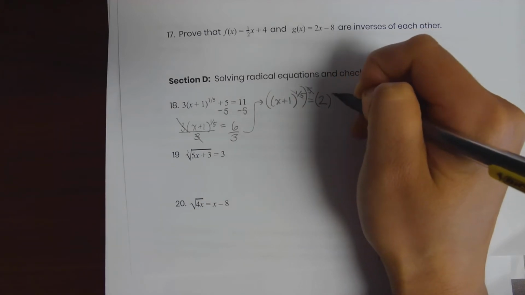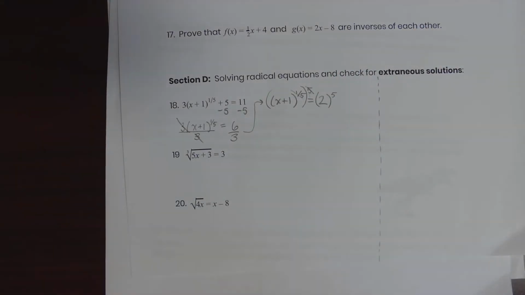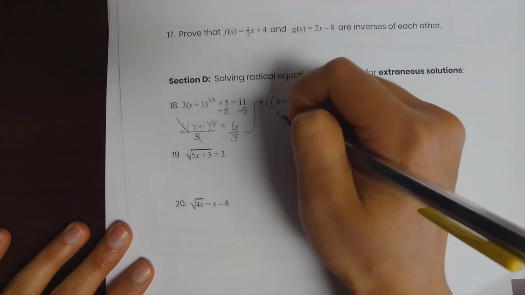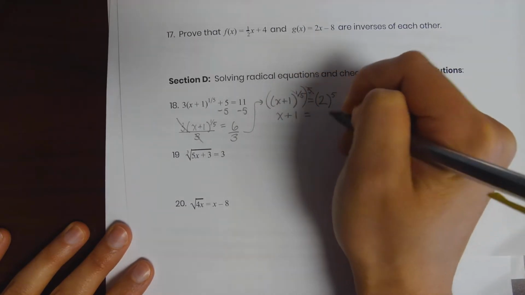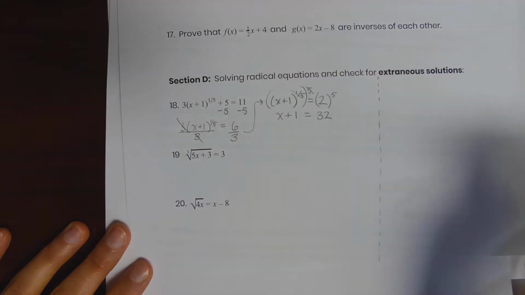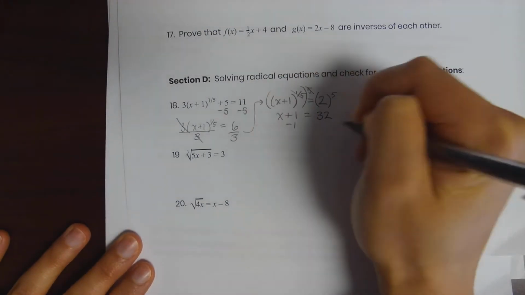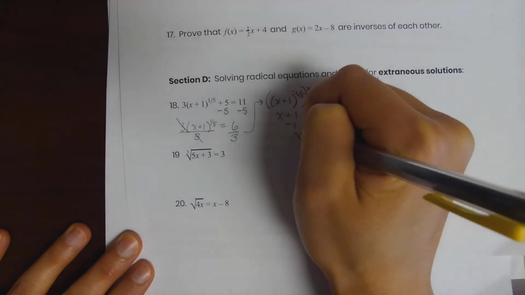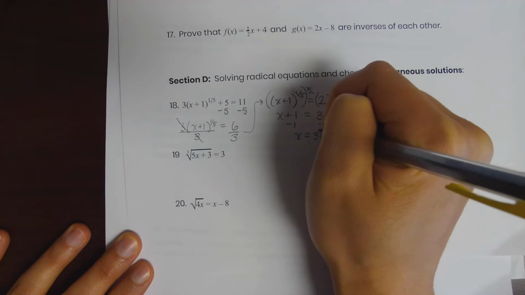If I raise the left side to the 5th power, I have to raise the right side. So this will be x plus 1 equals 2 to the 5th, which is 32, and then subtract 1. So we end up with x equals 31.